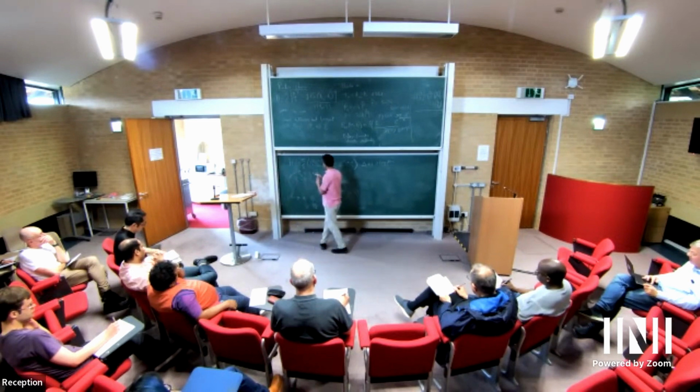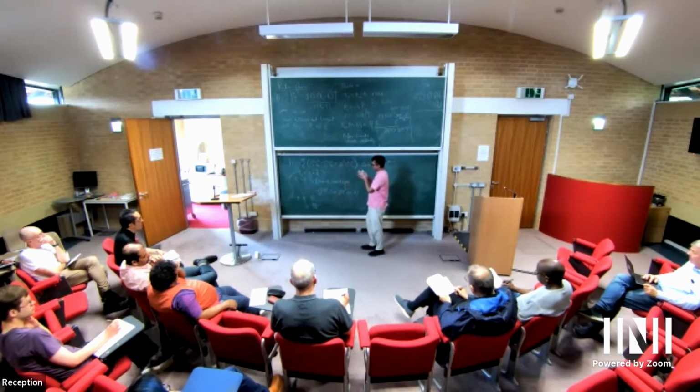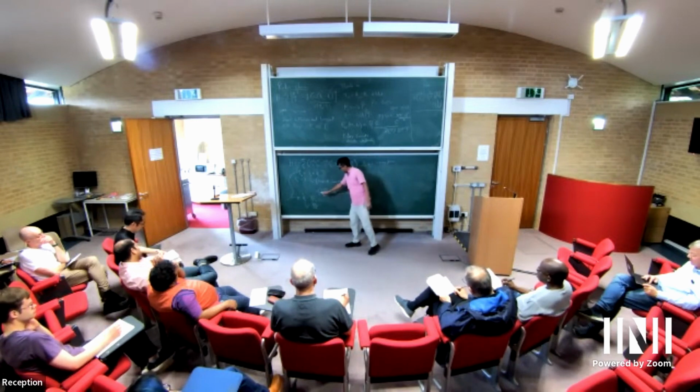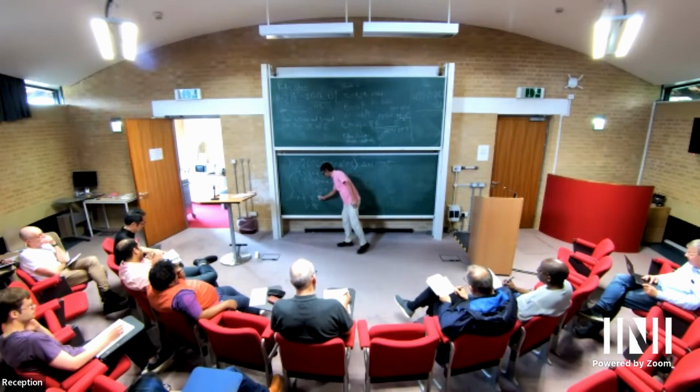But of course, the Hamiltonian is all mixed up. It's not p squared plus something. It has a complicated structure.